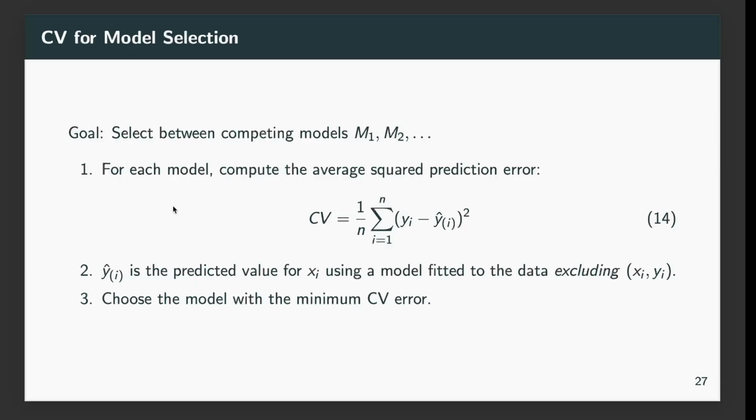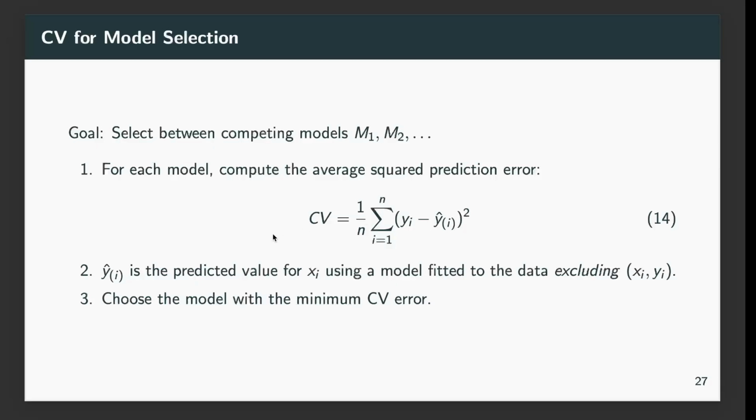Step 1 says that for each model, we compute the average squared prediction error using this equation, and then we store it in the CV. So CV is the mean squared prediction error across all of the leave one out predictions.